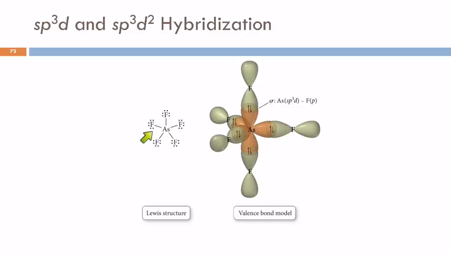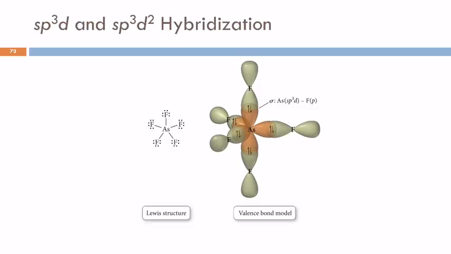It has 5 single bonds to fluorine. And so arsenic will do this sp3d hybridization, which gives us 5 hybrid orbitals in that trigonal bipyramid shape, and they'll each form a sigma bond with a p orbital from fluorine.